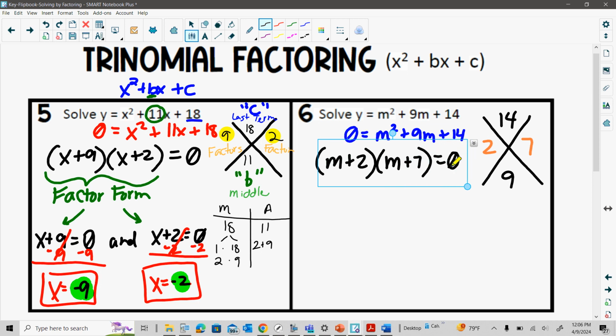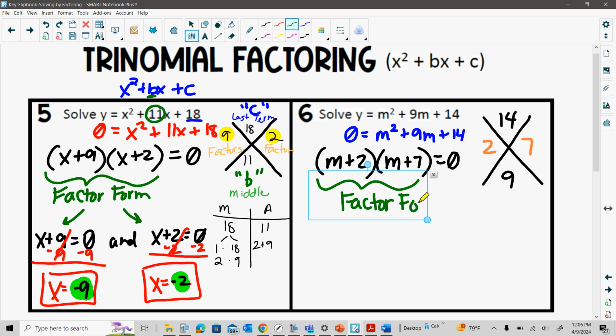Now, remember, this is the factor form. You want to list your factor form because sometimes they might have it written in this form as an answer choice. But to solve it, I'm solving each factor equal to 0. So this m plus 2, and some of you already saw the answer mentally because we remember what I just said on the previous problem.